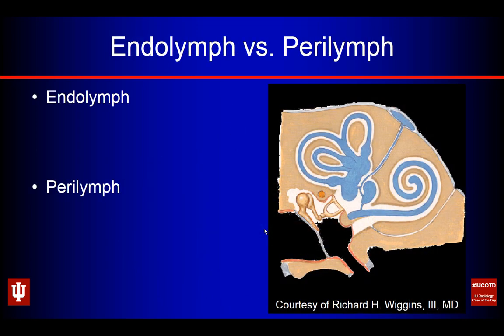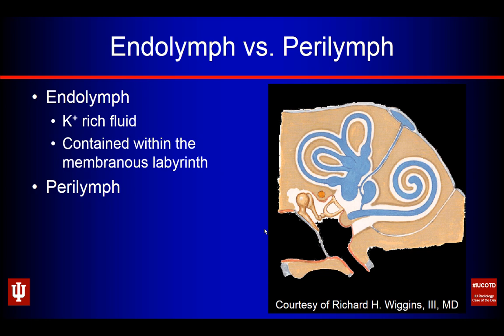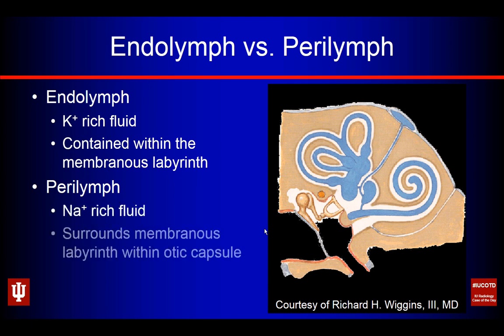I mentioned I'd say a few words about endolymph and perilymph, and well, here they are. So endolymph is a potassium-rich fluid, and it's contained within the membranous labyrinth. It's continuous out to the endolymphatic sac via the endolymphatic duct that runs through the vestibular aqueduct. Perilymph is sodium-rich fluid, and this surrounds the membranous labyrinth within the otic capsule, but it's sort of external to it.